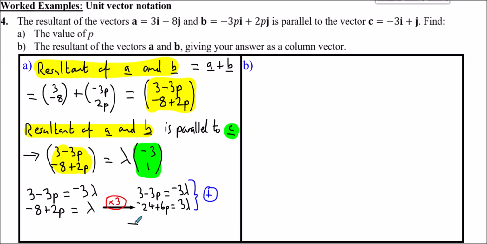What we get is 3 plus negative 24, that's minus 21, minus 3p plus 6p, that's plus 3p, and these lambdas cancel. Minus 3 lambda plus 3 lambda is 0. So minus 21 plus 3p equals 0. A bit of simple rearrangement should tell you that therefore p must equal 7. And that's part a complete. p has to equal 7.